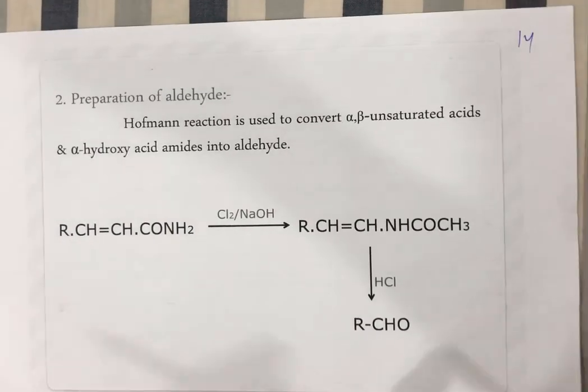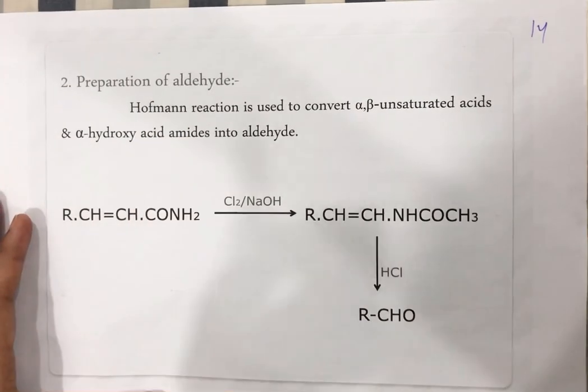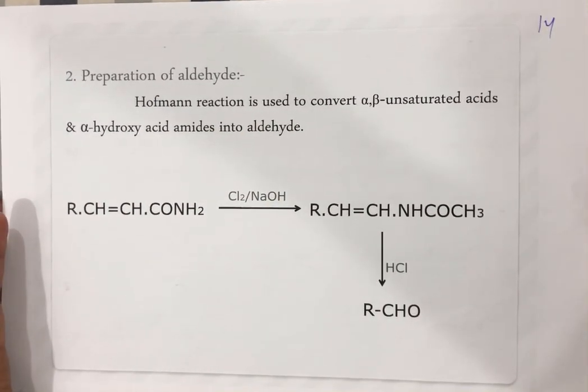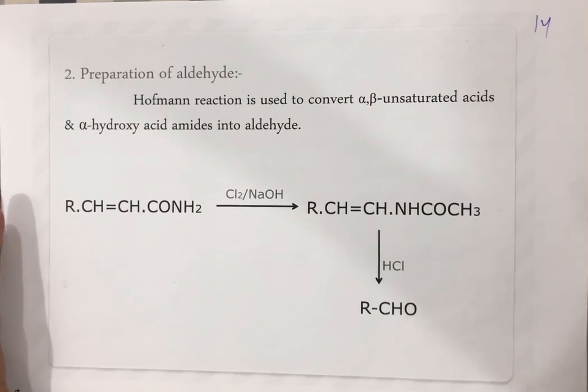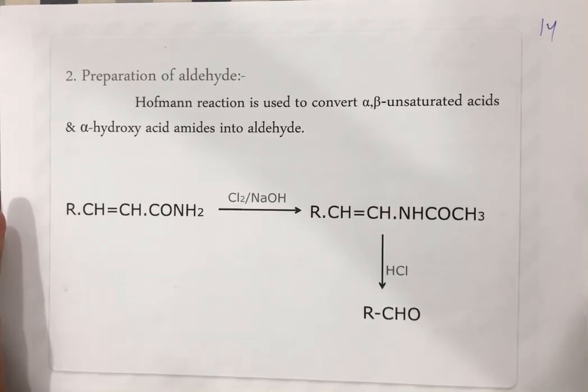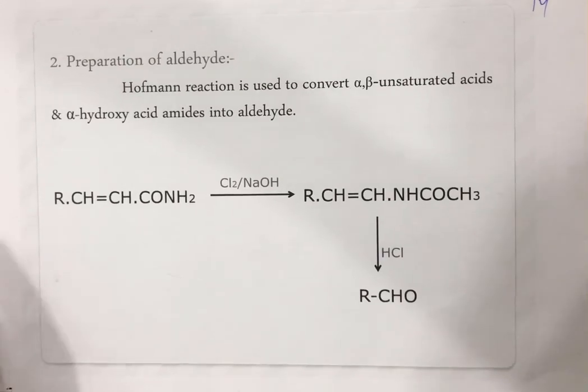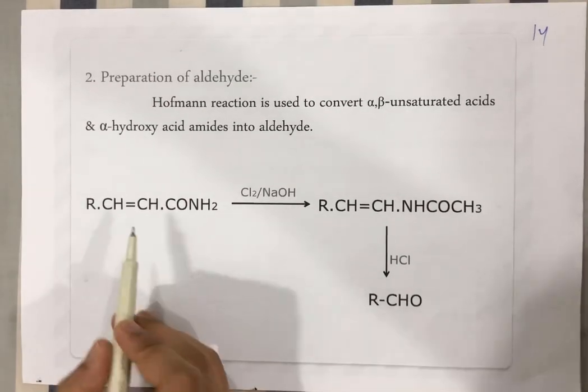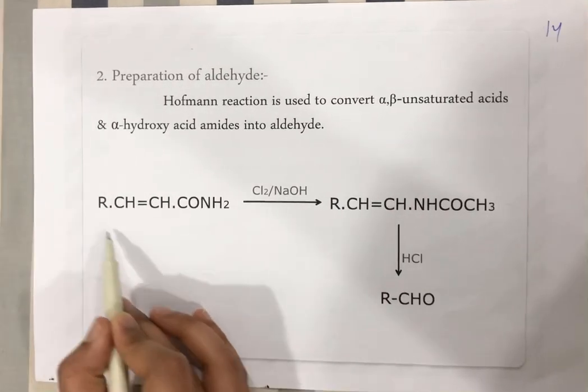And last, preparation of aldehyde. Hofmann reaction is used to convert alpha beta unsaturated acid amide into aldehyde. You know what a saturated acid and an unsaturated acid are. You can see this is an unsaturated acid.